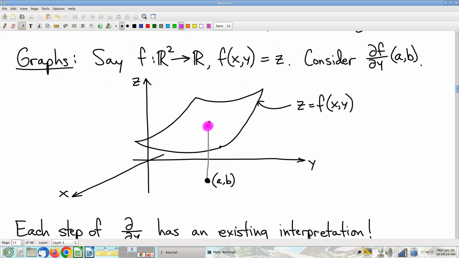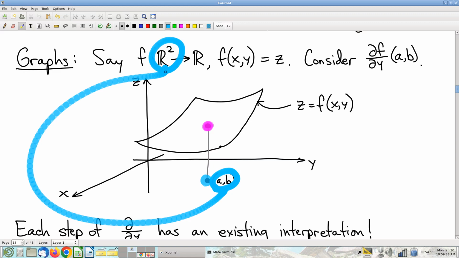Keep in mind that point on the graph sits above a certain point in the XY plane. This point here, (a, b), representing the inputs, those are the inputs that give rise to this output, z, the combination of which give us (x, y, z), which is the purple point there. Okay, so that's our setup. Is everybody with me? Alrighty.